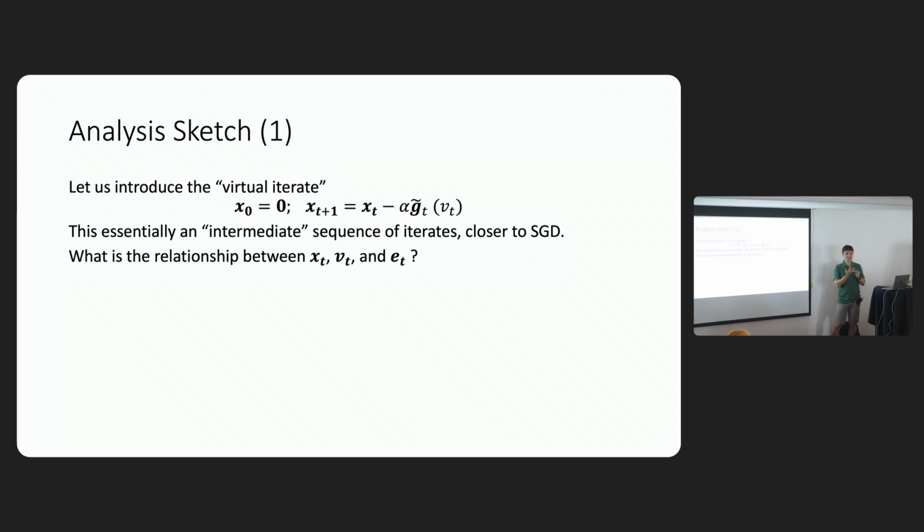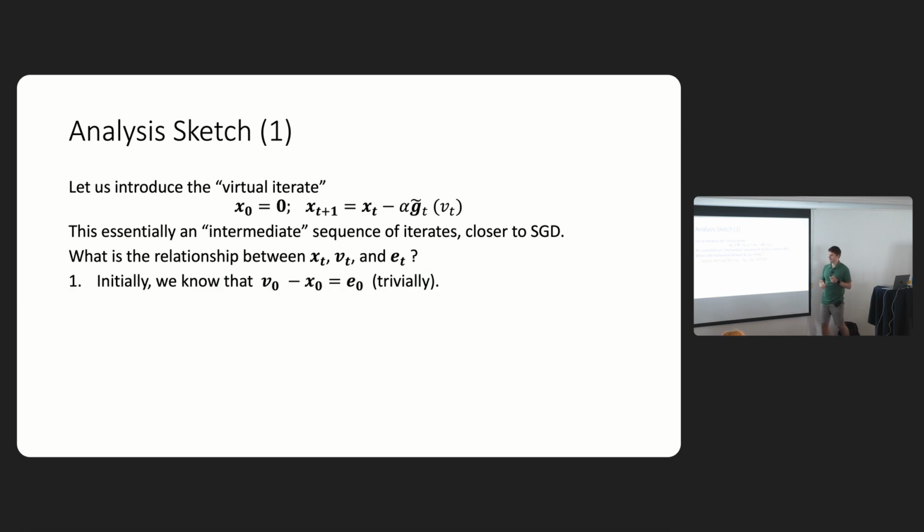And we have xt, which is this thing that I just introduced. Okay. So does anyone have any intuition? What is the relationship between these 3 players?